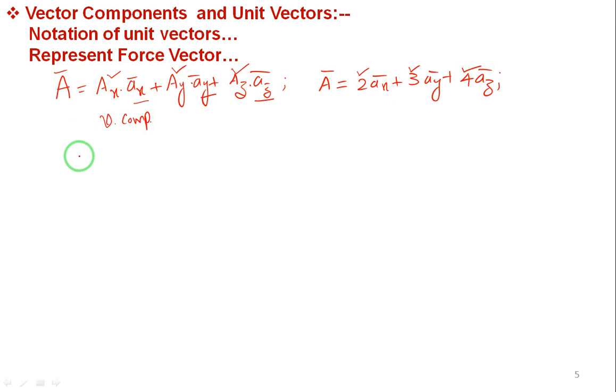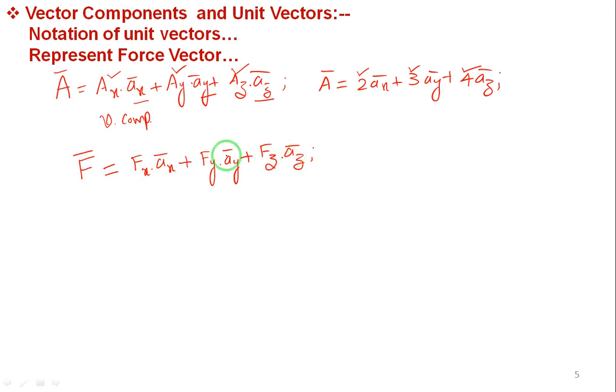Then I want to represent a force vector, for example, in the three-dimensional rectangular coordinate system, a general vector. So the force vector, I will take the letter F. F vector is equal to Fx into ax, where Fx is the magnitude of force along the x direction, plus Fy into ay plus Fz into az.